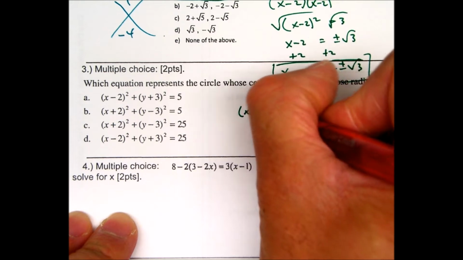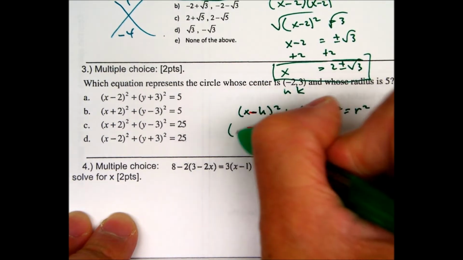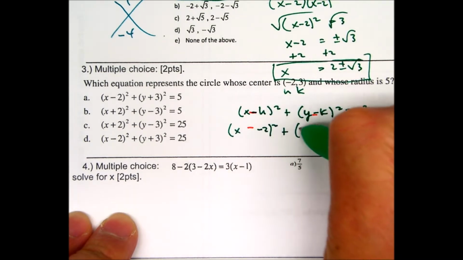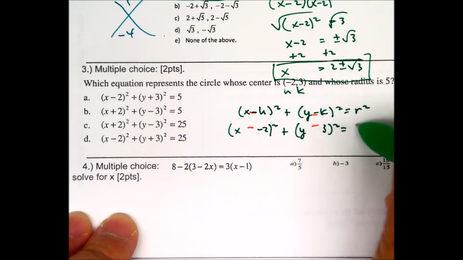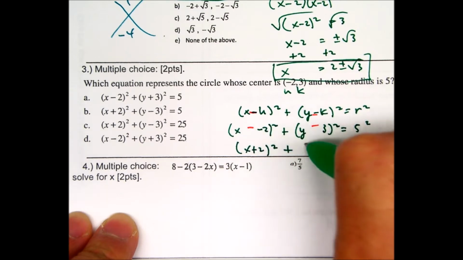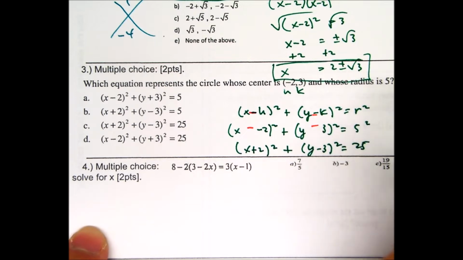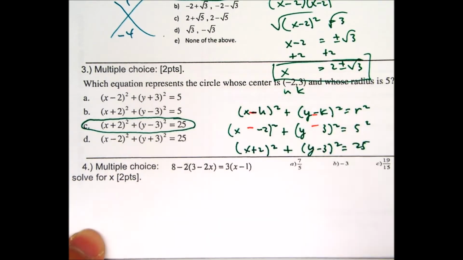Don't forget to highlight the minus sign. So this will read x minus negative 2 squared plus y minus 3 squared equals 5 squared. So this will give you x plus 2 squared plus y minus 3 squared equals 25. And that'll be choice C.